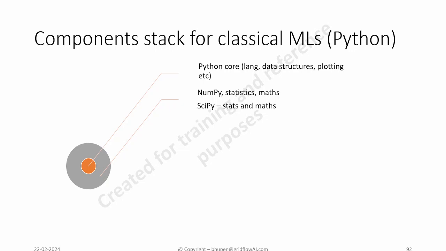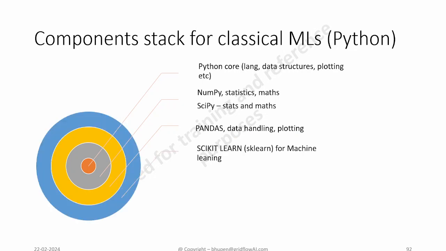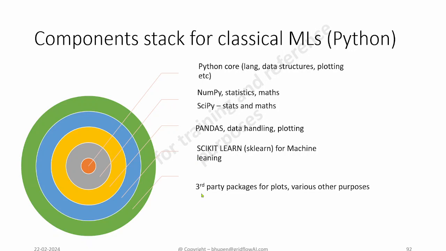NumPy is for basic linear algebra and basic mathematics. SciPy is pretty advanced mathematics. Pandas is for data handling and plotting. We will use quite a bit of pandas in our subsequent videos. Scikit-learn is for machine learning using the data. And this is what we are going to focus on.